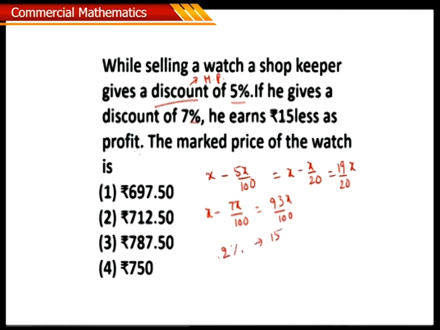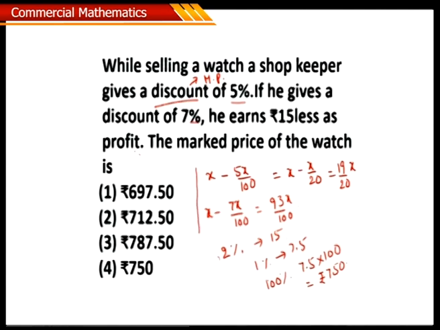So how are we going to do this? 2% is 15, so 1% will be 7.5. You want 100%, so it is 7.5 times 100. So simply you can observe that it is rupees 750. If you calculate like this, it takes so much time.